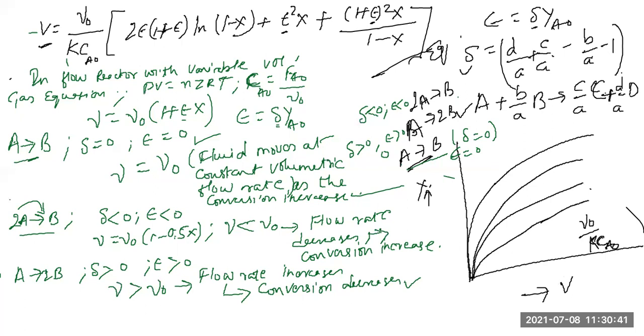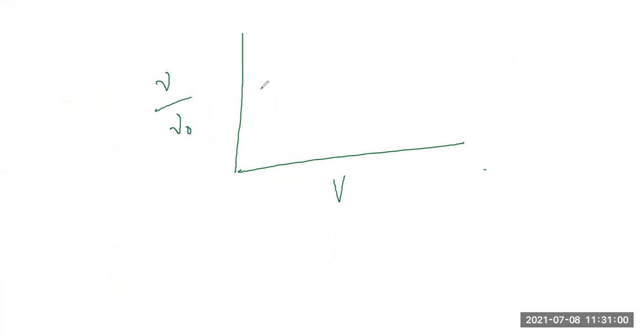And there is a small graph for what we have just understood. It is somewhat like this. Here you have V, here you have this, right?